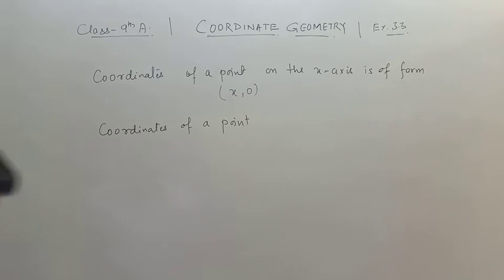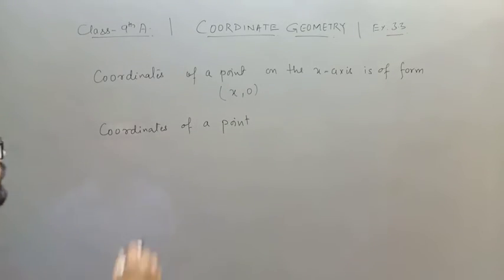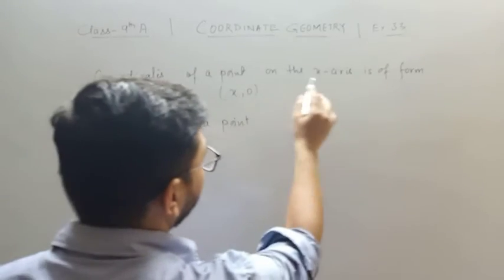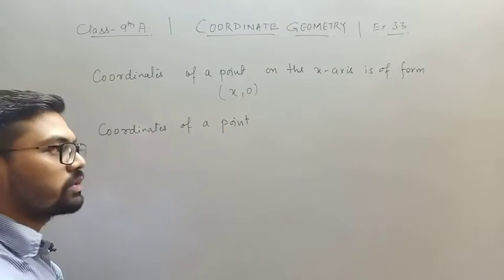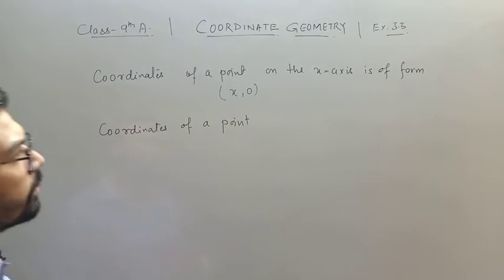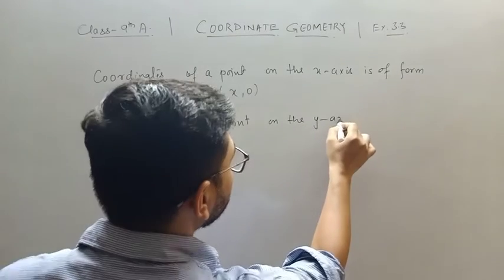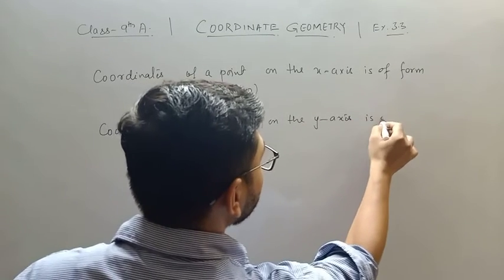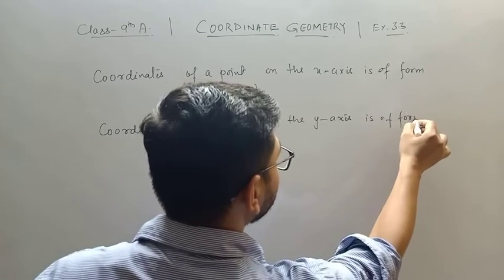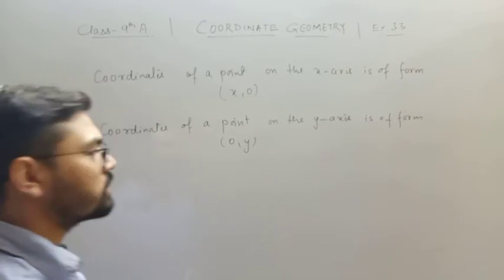Before starting the second question, I'll give you two statements here. The coordinates of a point on the x-axis are of the form x comma 0. And the second statement is, the coordinates of a point on the y-axis are of the form 0 comma y. I hope this is clear to you all.